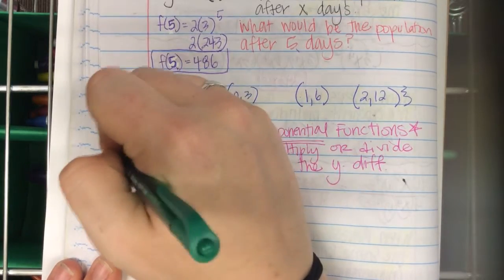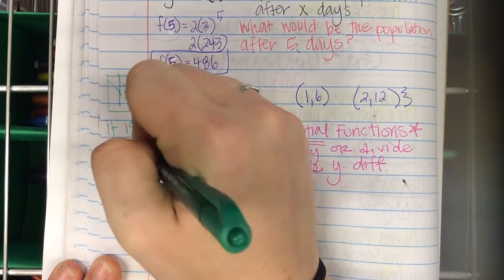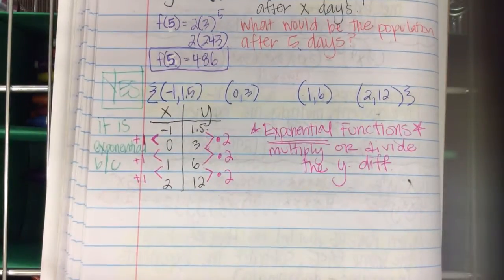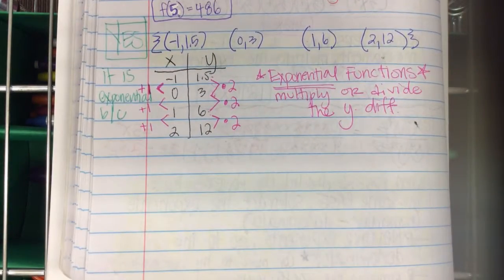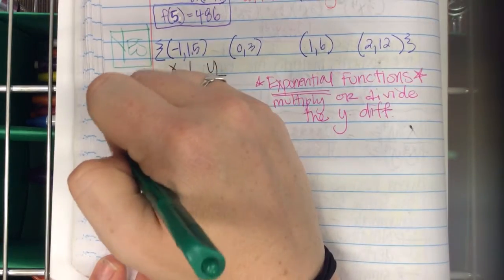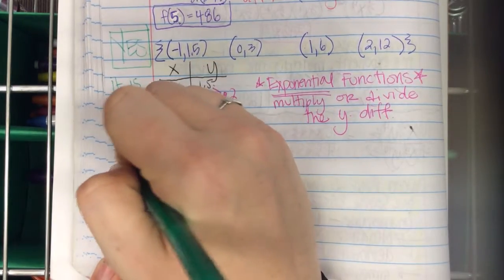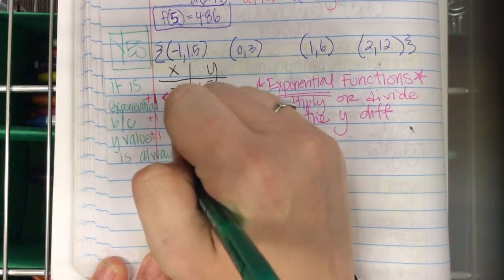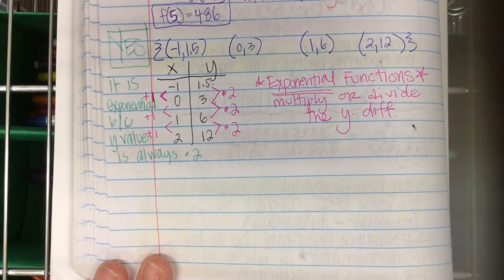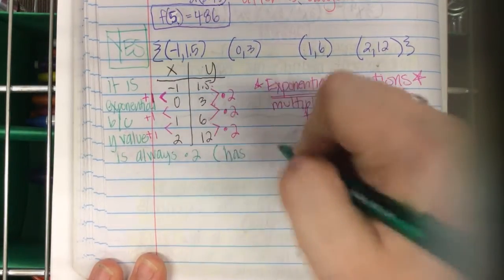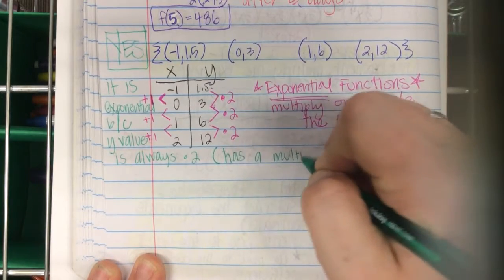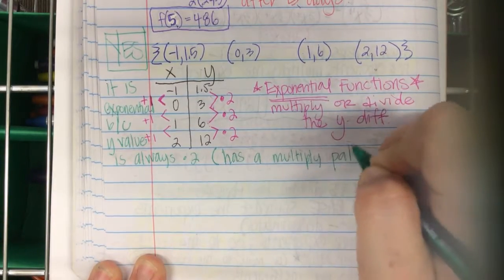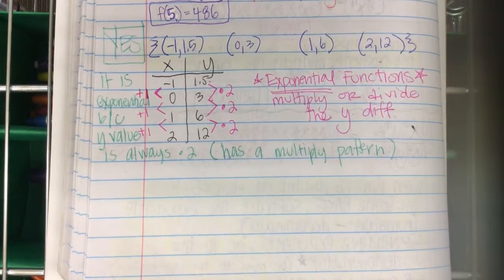Okay, it has a pattern. What's the pattern, Raina? The y value is always multiplied by 2. Or, what Julie said, has a multiplication pattern. Or it could have a divide pattern.